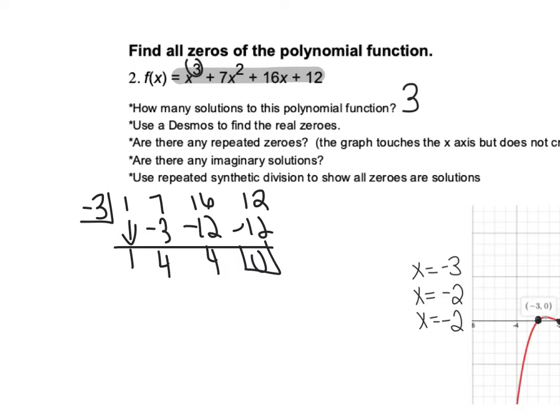Which means what we have now, I'm going to kind of show you how this works, is we have factored, it would be x plus 3, okay, because we know that -3 is a solution, and we'd have 1 x squared plus 4x plus 4, okay? So what we had left after we factored out that -3 was x squared plus 4x plus 4, okay?